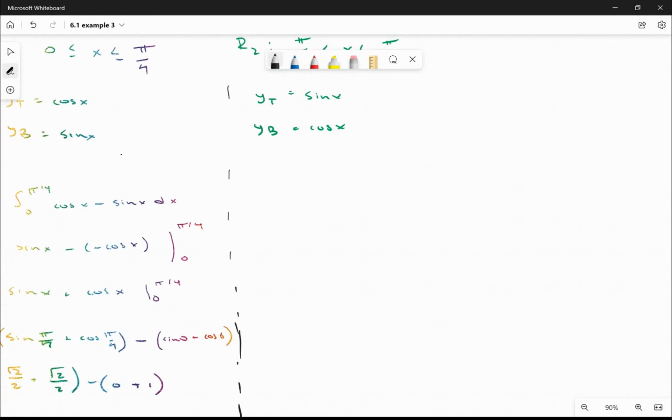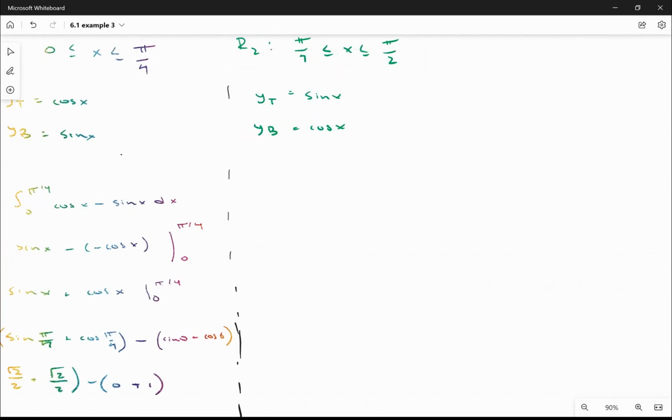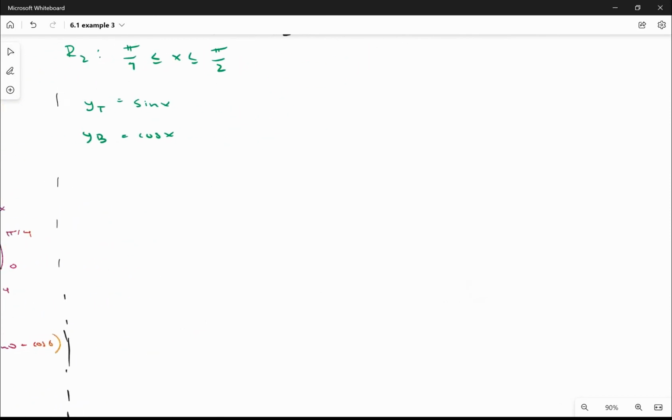So the area of region 2 is equal to the integral from pi over 4 to pi over 2 of top function sine x minus bottom function cos x, integrating with respect to x. The integral of sine x is negative cos x. The integral of cos x is just sine x.